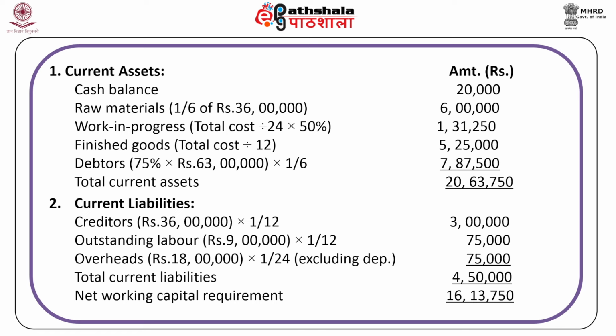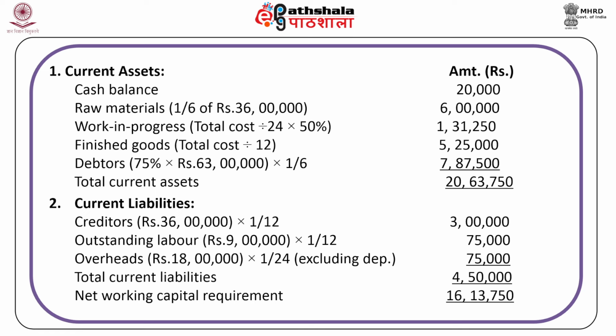Number 1, current assets. Let's total. Minimum cash balance required is 20,000. Raw material 1/6 of 36 lakhs, which is 6 lakhs. Work in progress, total cost divided by 24 because 15 days is required, and 50% of that is for raw material. So 1,31,250.